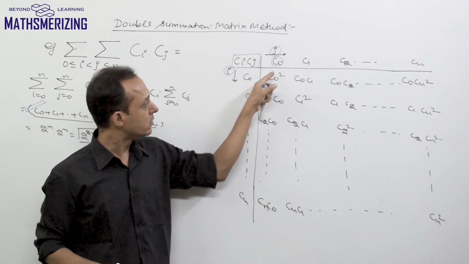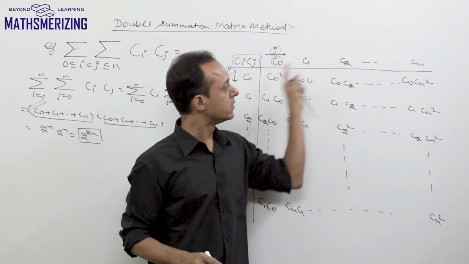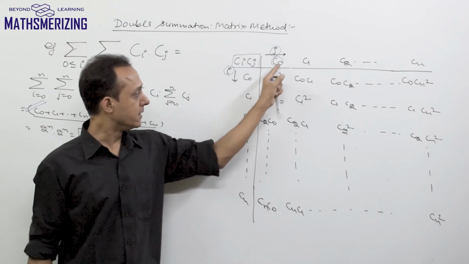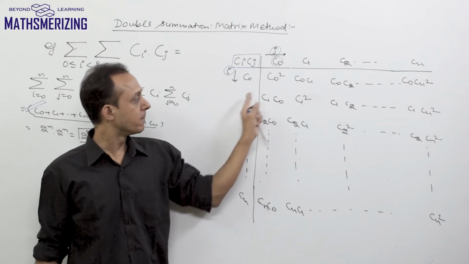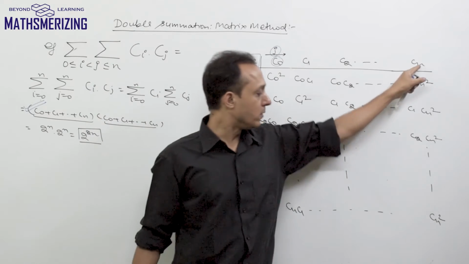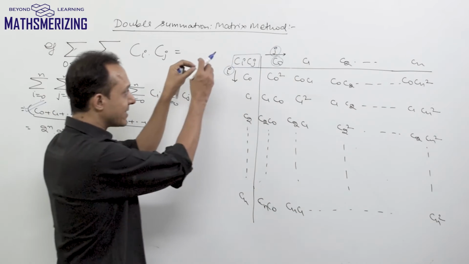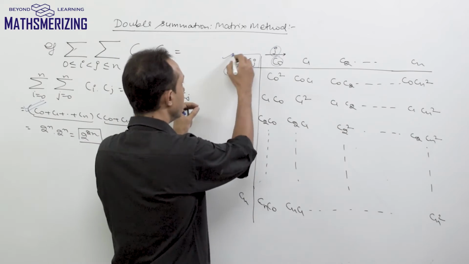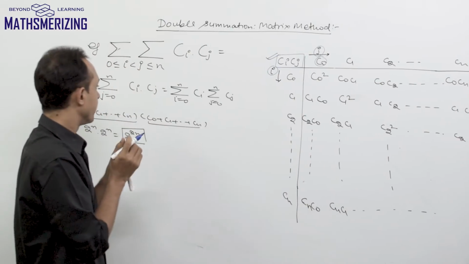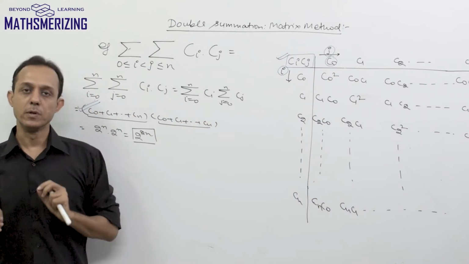So C0 into C0, C0 square, C0 C1, C0 C2, C0 Cn. In the same way, C1 C0, C1 square, C1 C2. And this series will continue up to Cn into Cn, which will be Cn square. So this matrix has all the terms possible when Ci is multiplied with Cj, provided the value of i varies from 0 to n and the value of j varies from 0 to n.